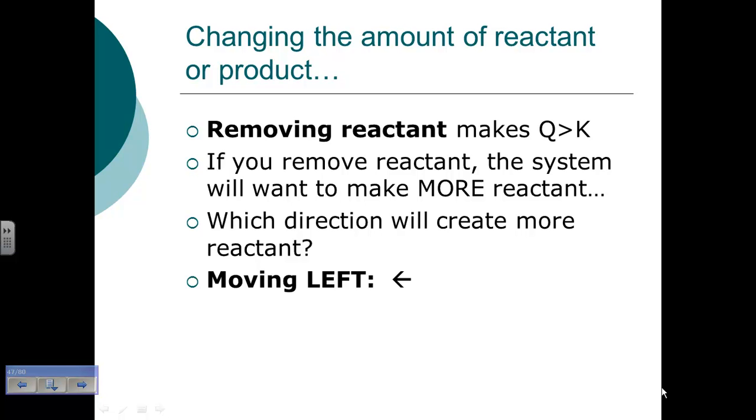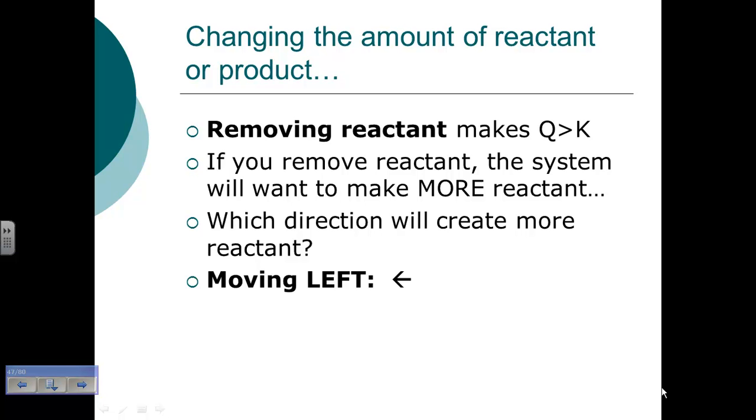Suppose in a second scenario of changing the amount of a reactant or product, suppose we remove, by some kind of competing reaction, a reactant. Removing a reactant makes, again, the reaction quotient Q become larger than K. We're dividing by a smaller number, Q becomes larger. Well, if you remove reactant, you want to do the opposite of removing.